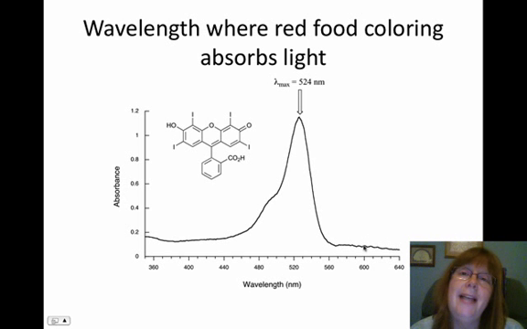So what we can say is that our red food dye was absorbing light at 524 nanometers. That is where there was the maximum absorption of light. So we call that lambda max. Remember our Greek letter, the abbreviation for wavelength. Our lambda max, where our sample absorbed the most light, was light of a wavelength of 524 nanometers.